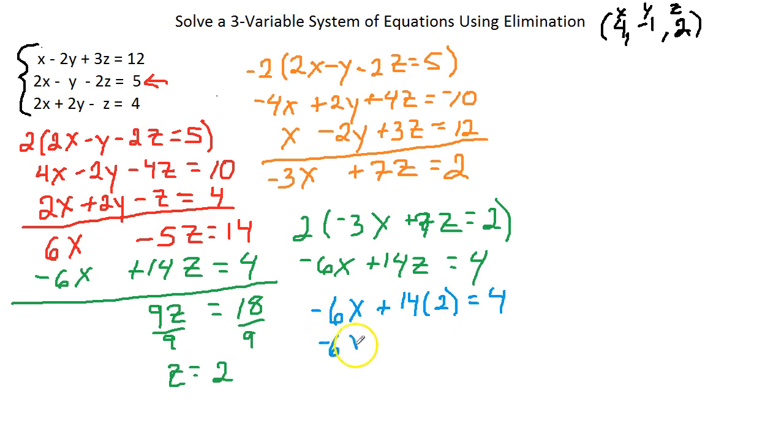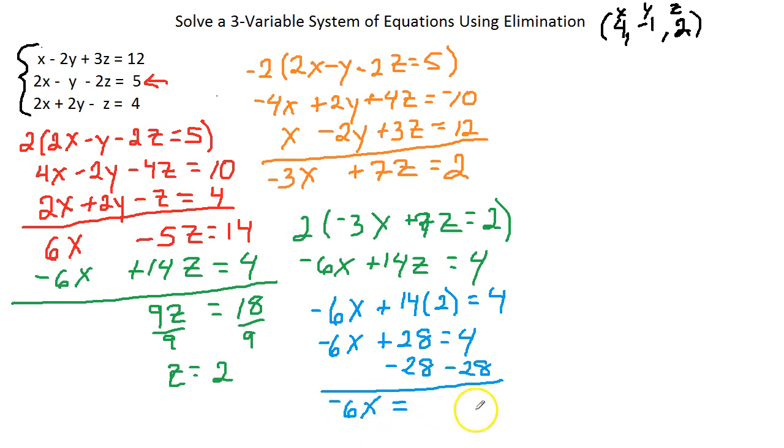So negative 6x, 14 times 2 is 28, so plus 28 equals 4. Subtract 28 from each side. We have negative 6x equals negative 24. Divide by negative 6, and we get x equals 4. You notice we match the answer.